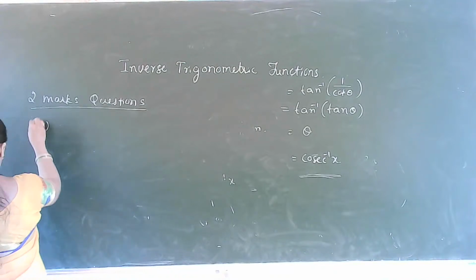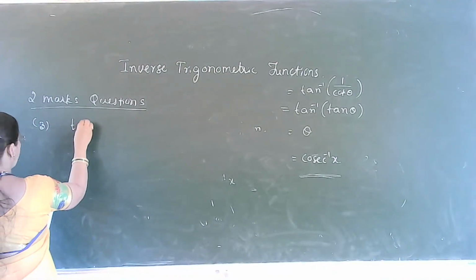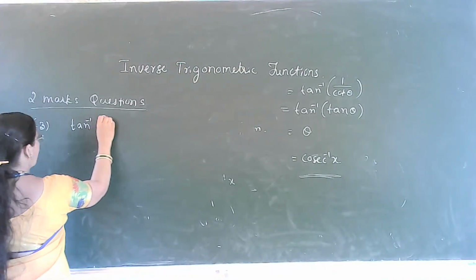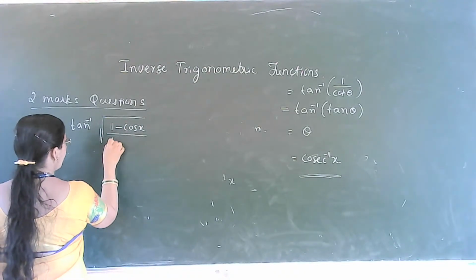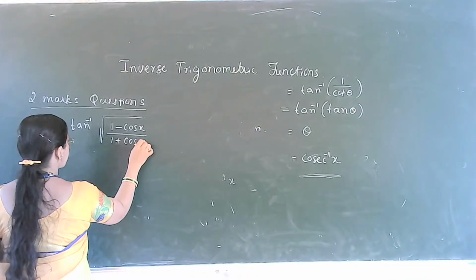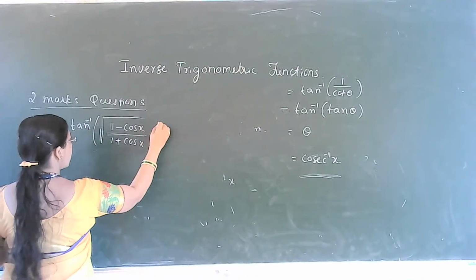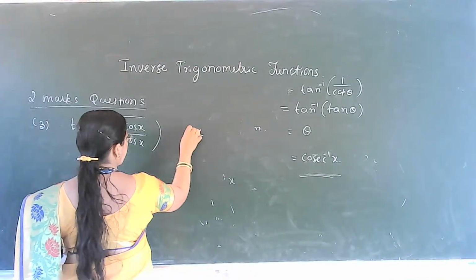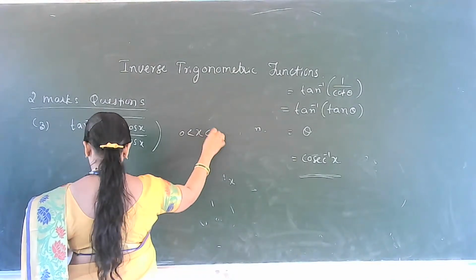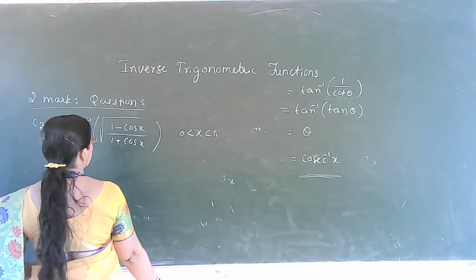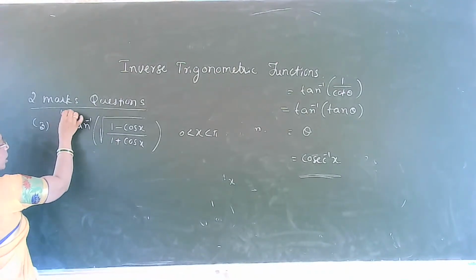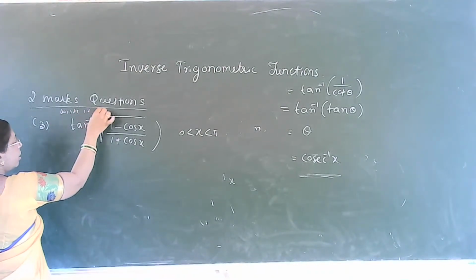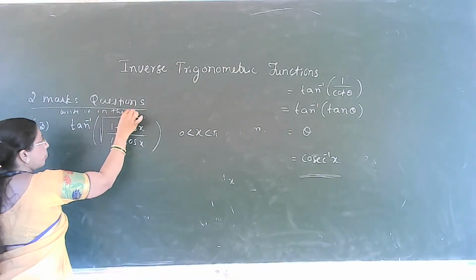Third problem: tan inverse of root of 1 minus cos x divided by 1 plus cos x, where x is greater than 0 and less than pi. Write it in the simplest form.